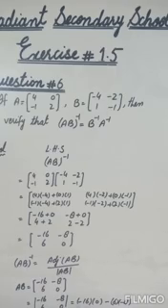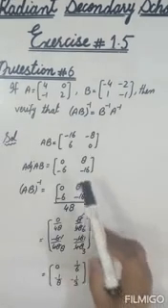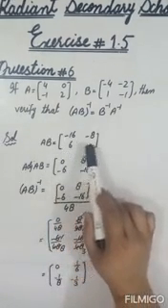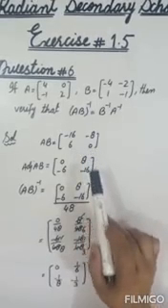Now minus 16 into 0 is equal to 0, minus minus plus, 8 sixes are 48. Determinant is equal to 48. AB is equal to [-16 6; -8 0].